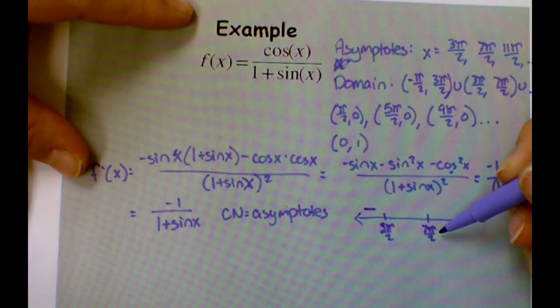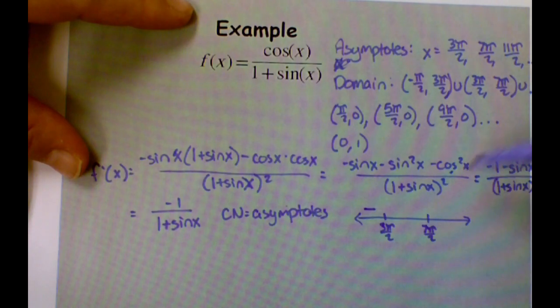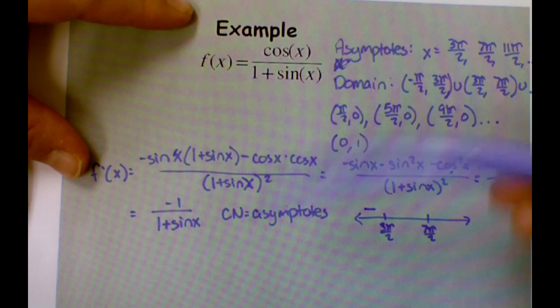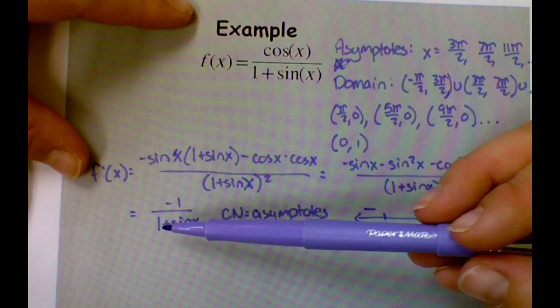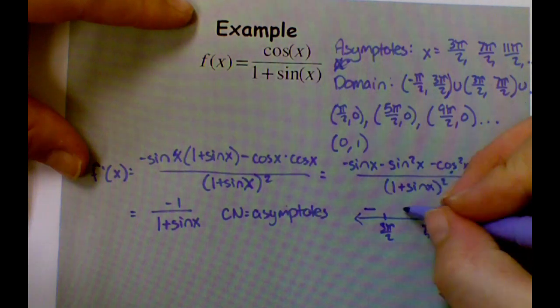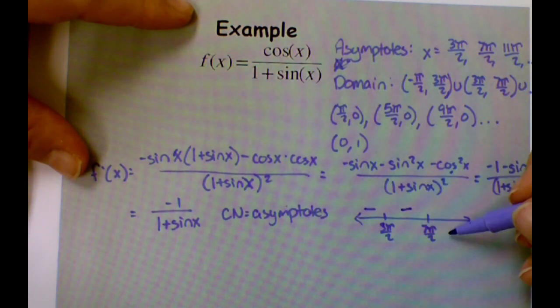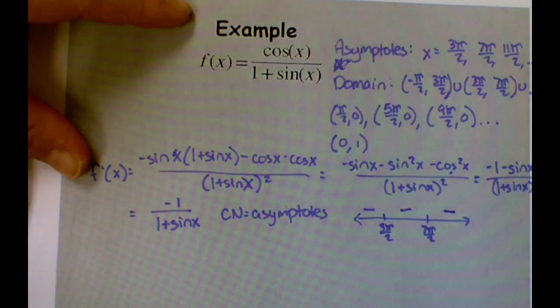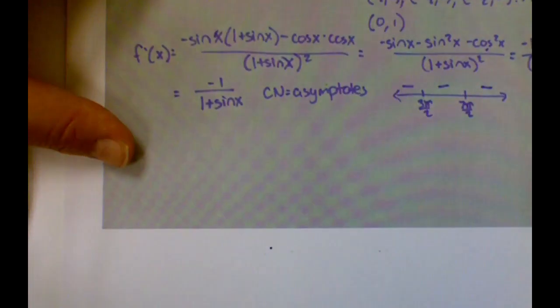Something between 3 pi over 2 and 7 pi over 2, let's plug in 5 pi over 2. I get negative 1 over 1 plus 1, which is still a negative. Something bigger than 7 pi over 2, but smaller than 11 pi over 2, let's try 9 pi over 2. Hey, guess what? I still get a negative. This function is decreasing everywhere. No relative maxes or mins.